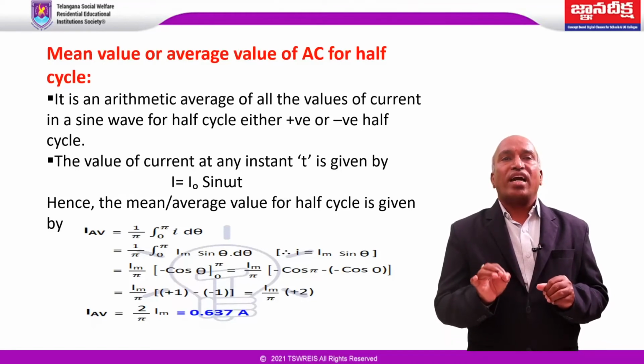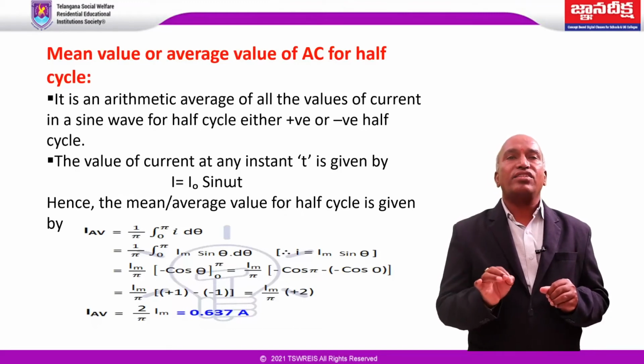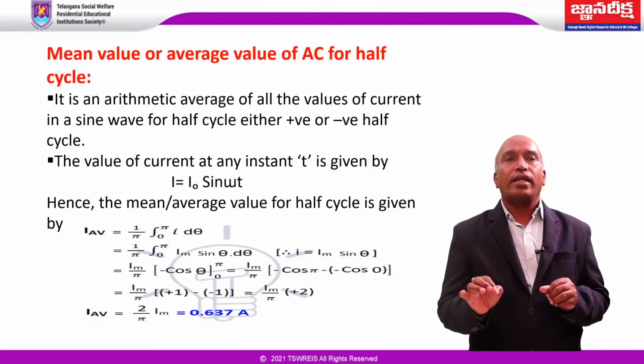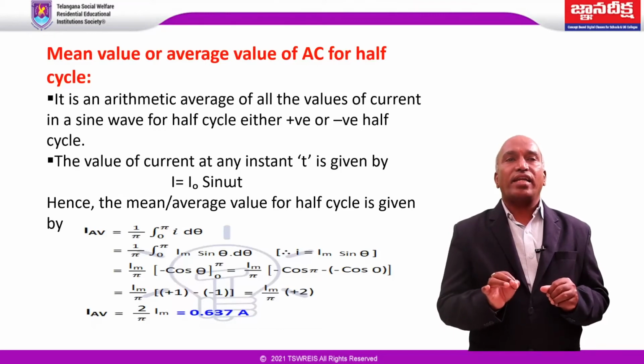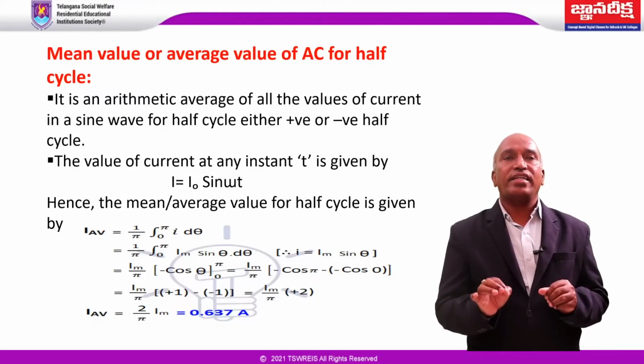The value of current at any instant t is given by I = I₀ sin ωt. Hence, the mean or average value for half cycle is given by I average = (1/π) ∫₀^π I dt.